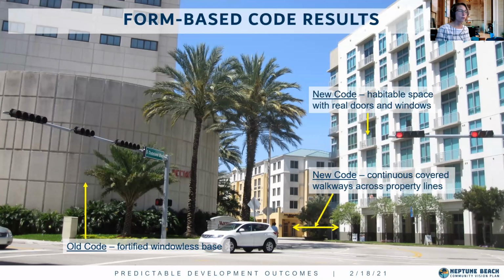And then there was a form-based code implemented, and you can see the development on the right-hand side of the screen, how that development has actually responded to the requirements of the new form-based code. So there are prescriptions for the amount of real doors and windows and transparency, where there had to be habitable space on the balconies. There were also standards for how the building is sited towards the street, towards the sidewalk, how it has continuous covered walkways along the property lines as well.